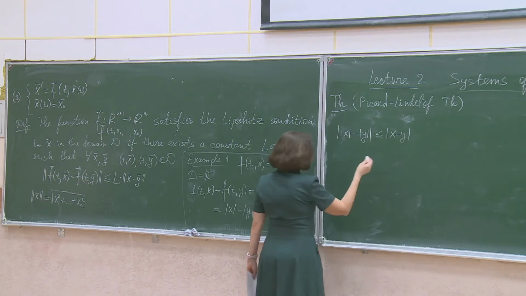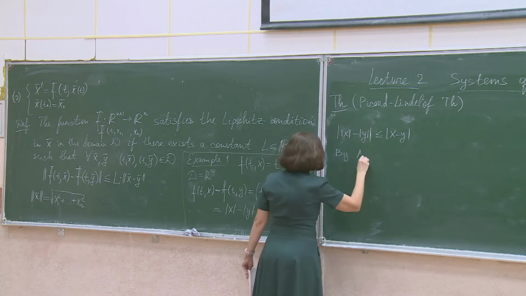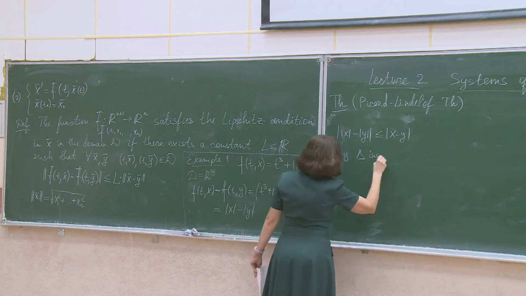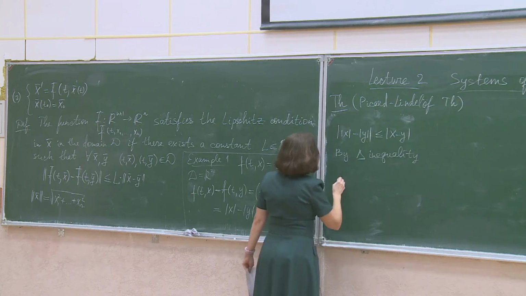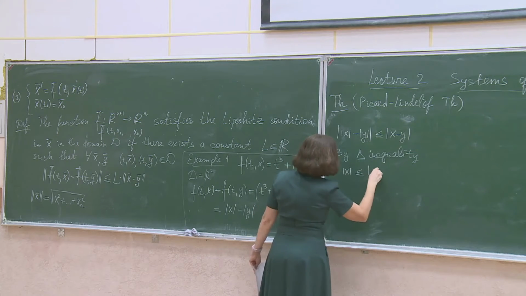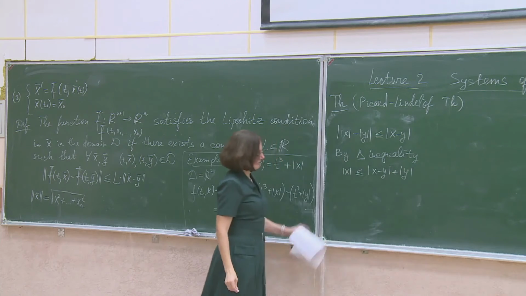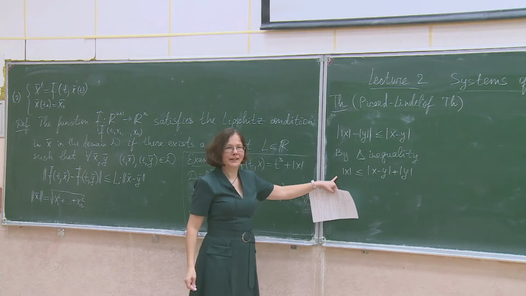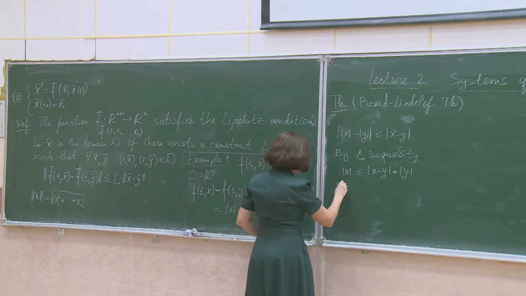How can we do this? By the triangle inequality, we have that, for example, the absolute value of x is less than or equal to the absolute value of x minus y plus y. Then if we move the absolute value of y to the left, we will get this.